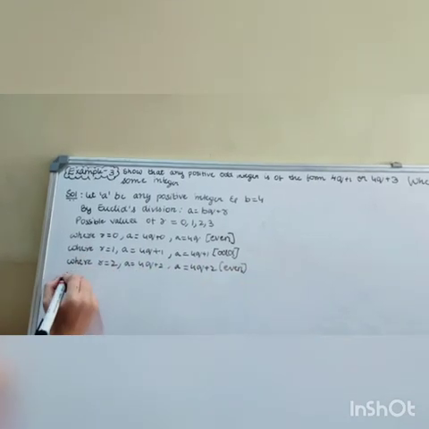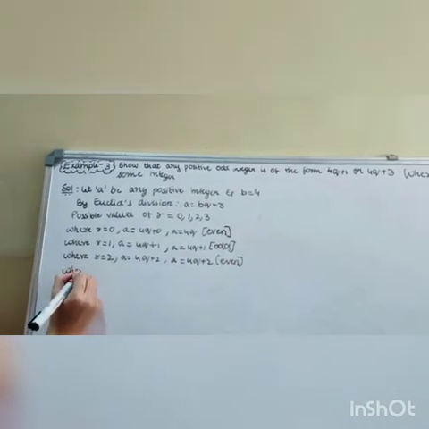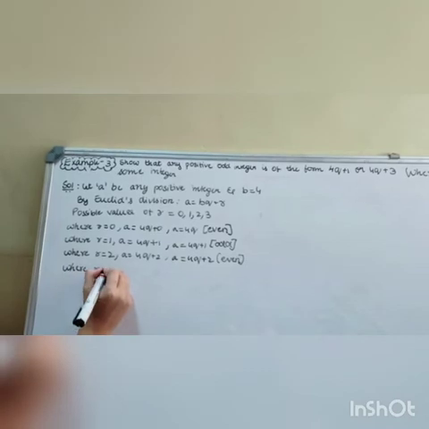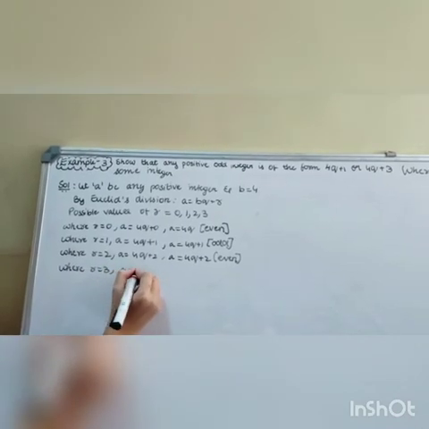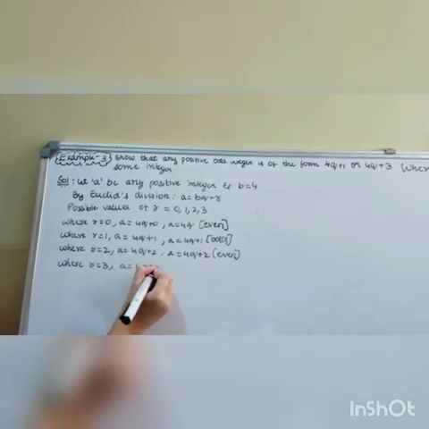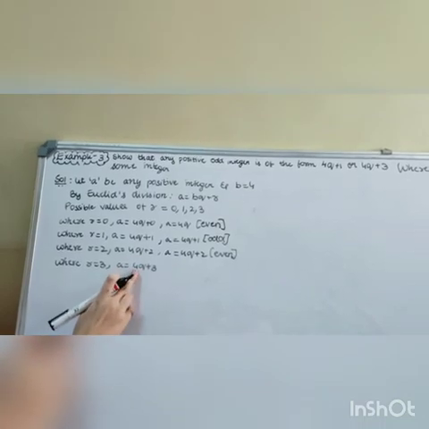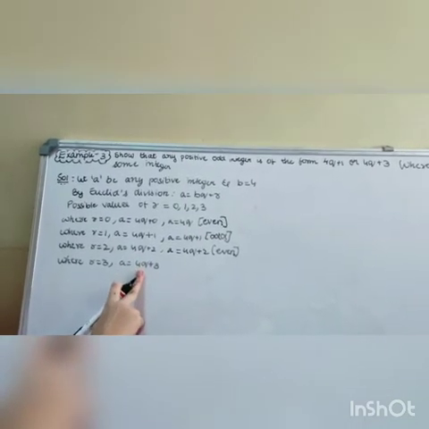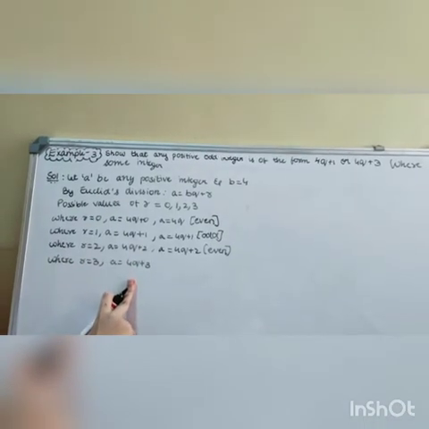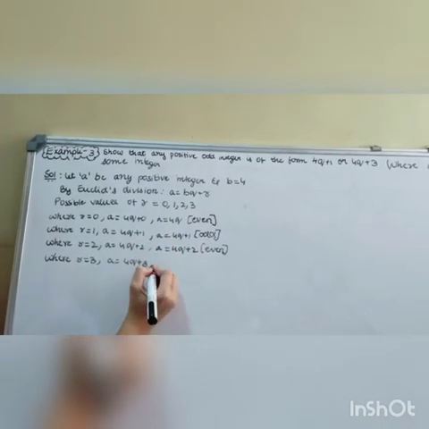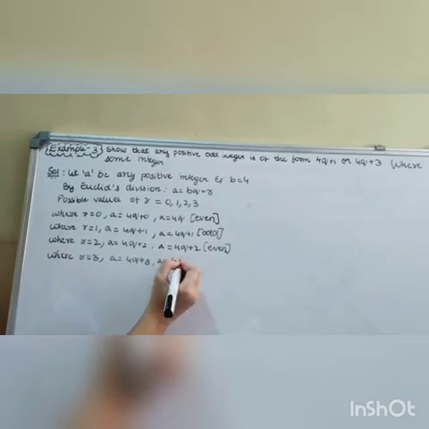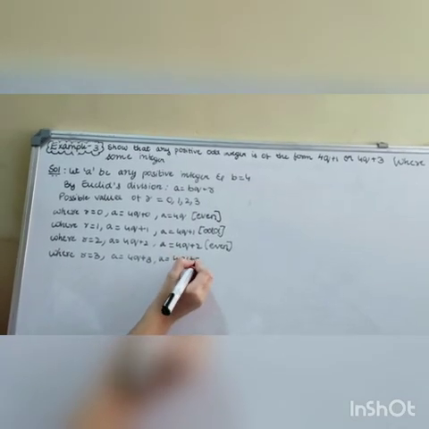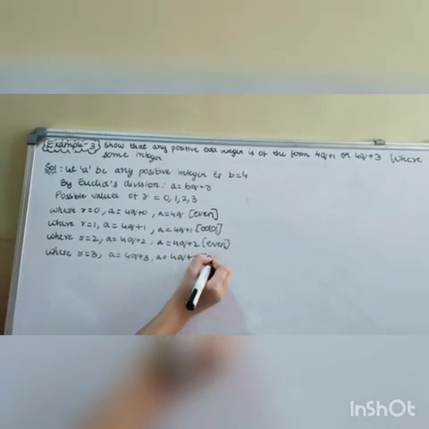Now we'll do r equal to 3. a = 4q + 3. Now 4q will be even, plus 3. Right? 4 2s is 8, 8 plus 3 is 11, which is an odd number. So 4q + 3 is an odd number.